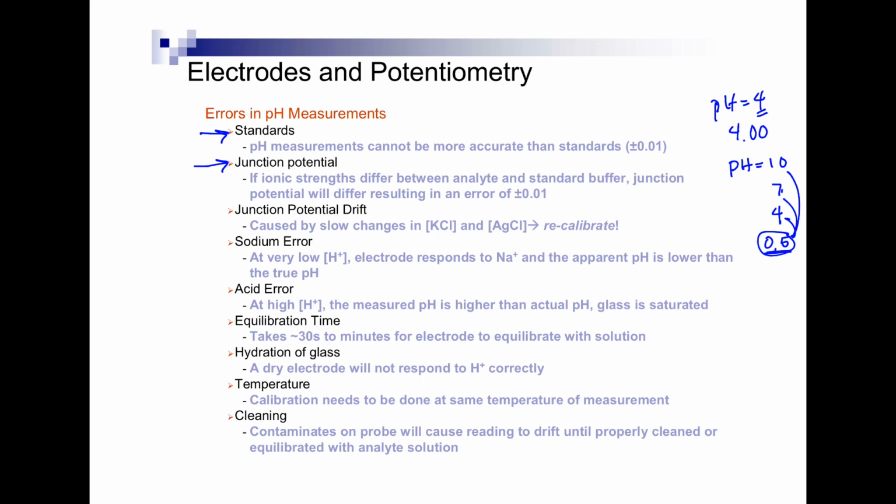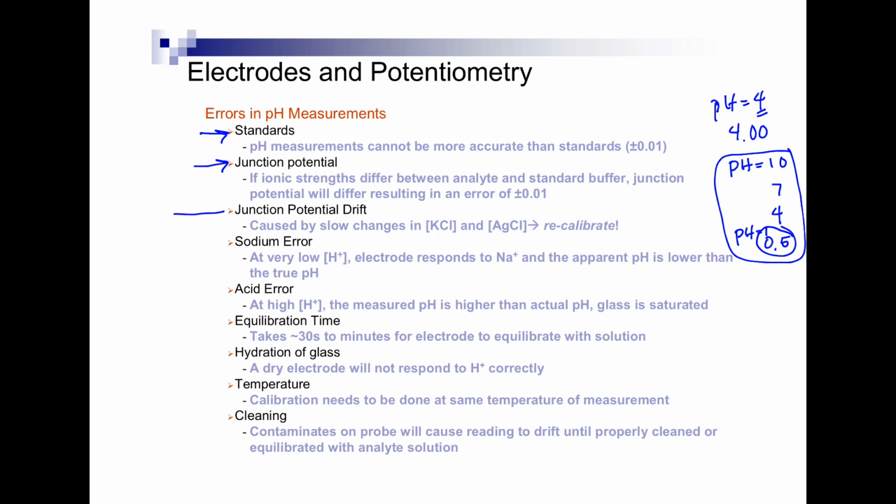So what we want to do is have standards that are close to where we know our analyte solution is. In this situation, I would probably run a pH buffer somewhere around 1, which would have a closer ionic strength to my analyte solution. And so the junction potential for the electrode between measuring those two solutions would be closer than it had been before.